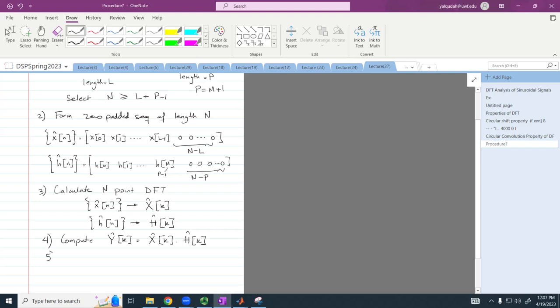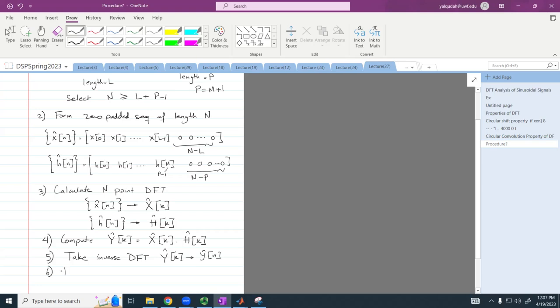And finally, I'm going to take the inverse discrete Fourier transform of y hat of k, which is going to give me y hat of n.